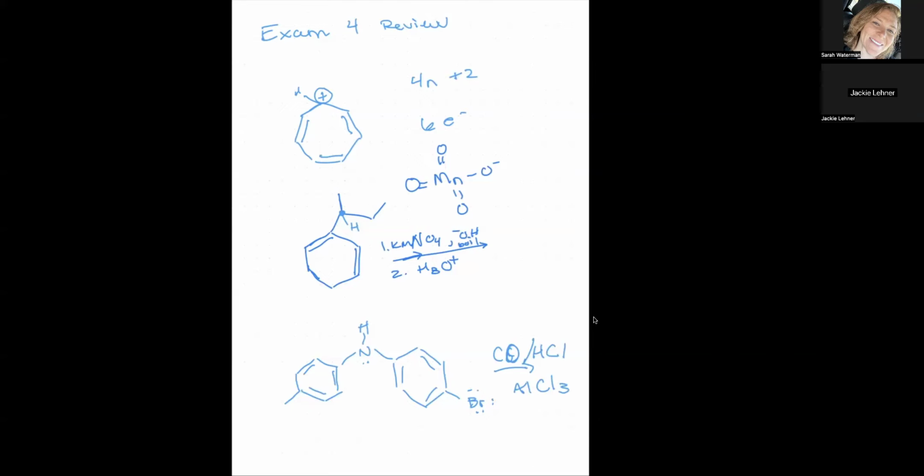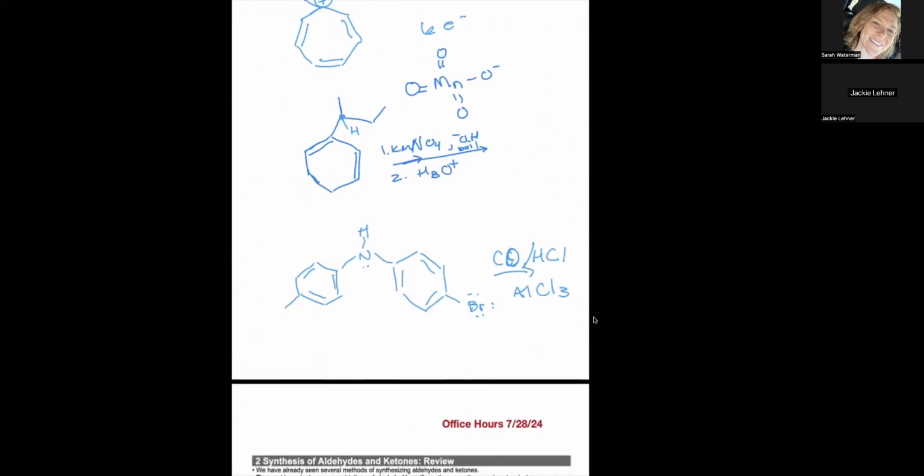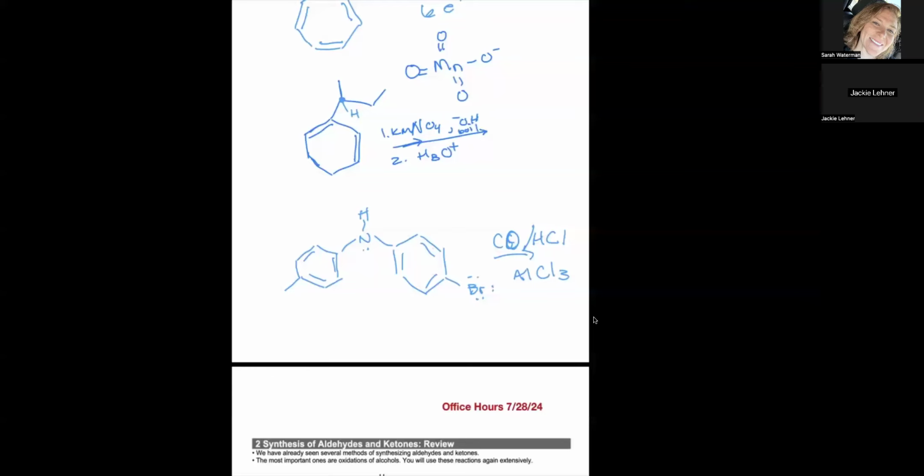But then 2 out of the 4 choices, so I eliminated the meta positions right away, but 2 out of the 4 choices had a position one right next to bromine, which would be ortho, and then one right next to methyl, which would also be ortho. To distinguish between the two, I used the argument of steric effects. I said there would be more steric effects next to bromine than methyl, so it would add next to the methyl. But I didn't know if that was right.